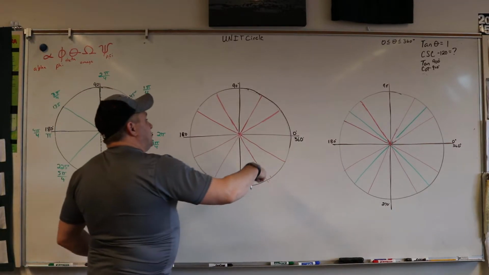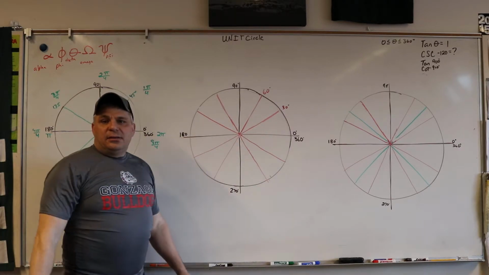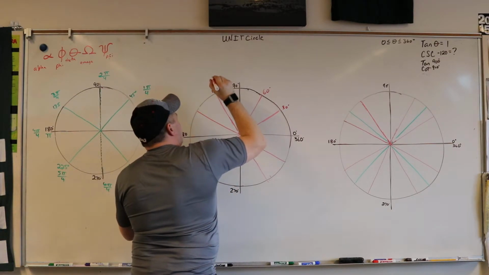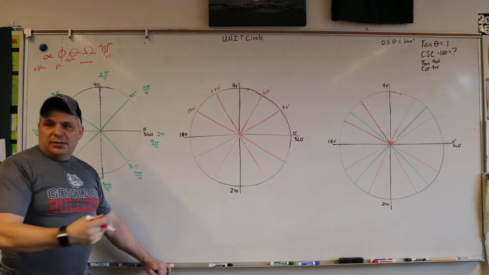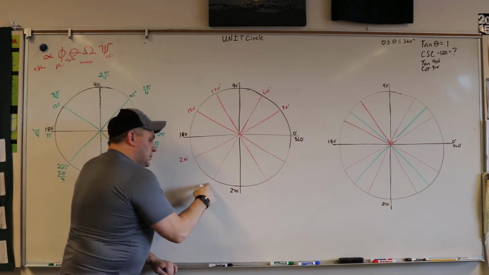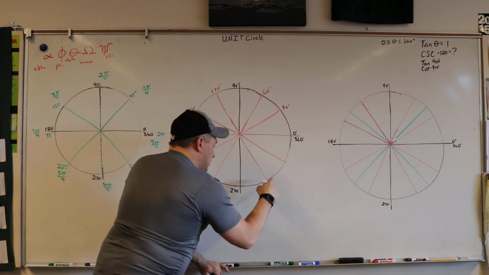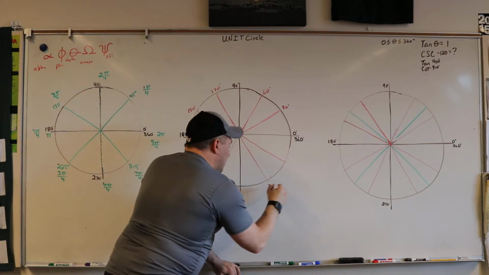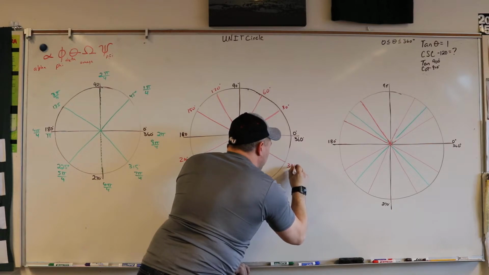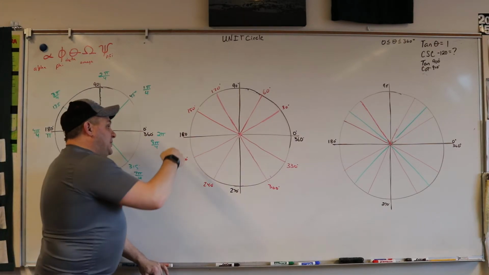So 30, 60, 90, 30 plus 90 is 120, 150, 180, 210, 240, 270, 300, plus 30, 330, and 360.